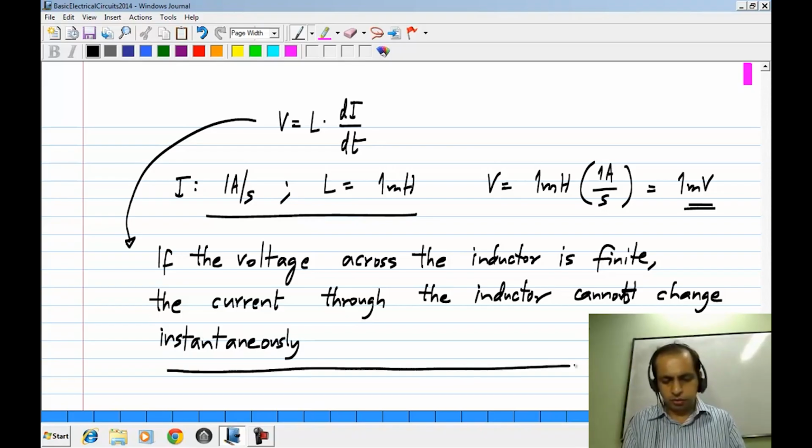Okay. So clearly that's apparent from this relationship. If the current changes instantaneously, the time derivative is infinity and the voltage would have to be infinite as well. Okay. So this is analogous to the voltage in a capacitor, which also cannot change instantaneously if the current through it is finite. Okay.